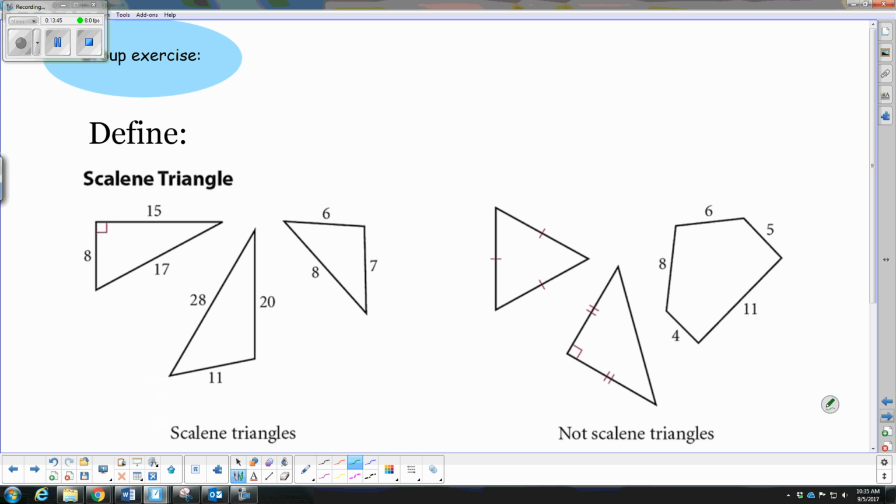Take a minute to look at the scalene triangles and the not scalene triangles. These measurements are measuring the sides of the triangle, not the angles.